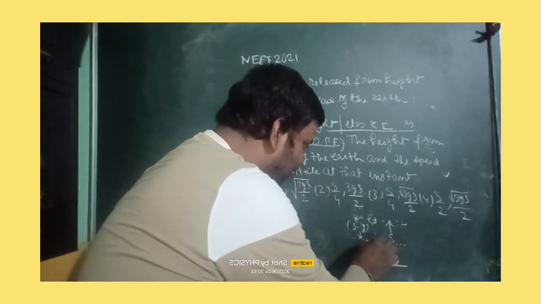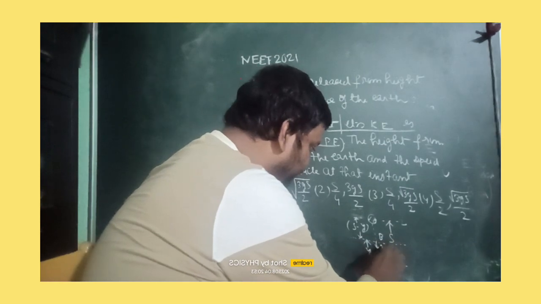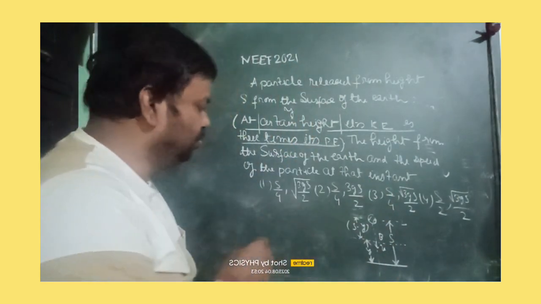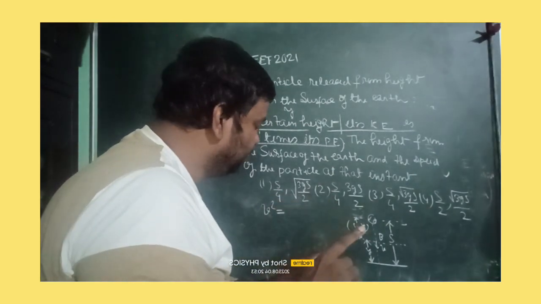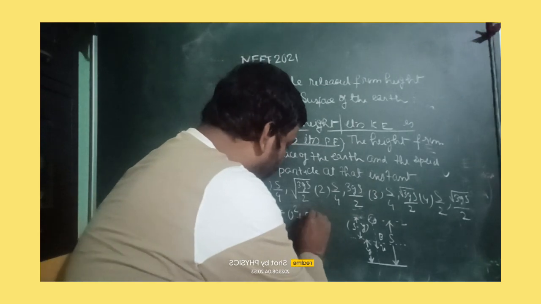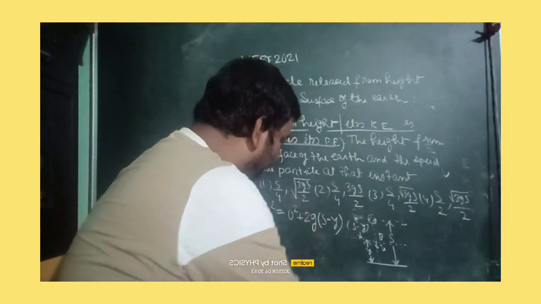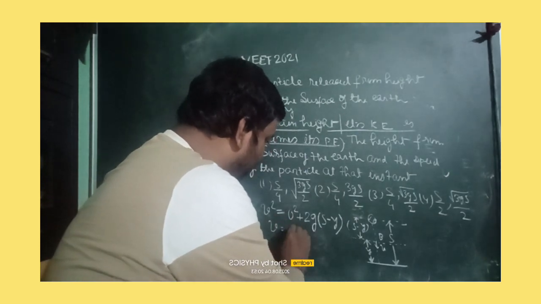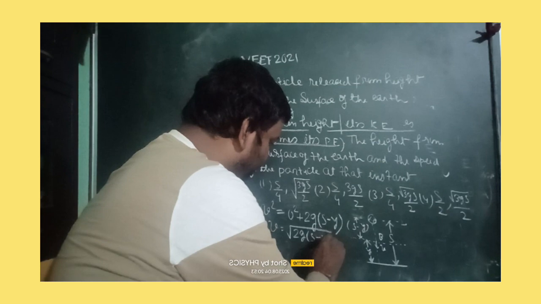Now let us consider at that point, that is point B, its velocity is v. Now from the equation we have v square is equal to initial velocity 0 square plus 2g into (s minus y), that is v is equal to root under 2g into (s minus y).